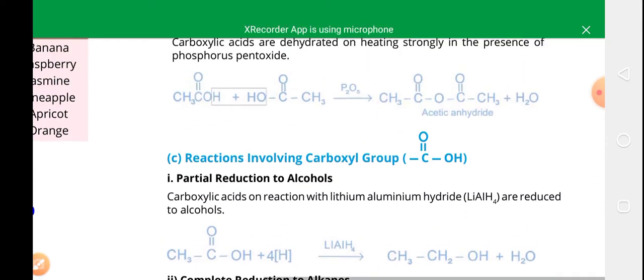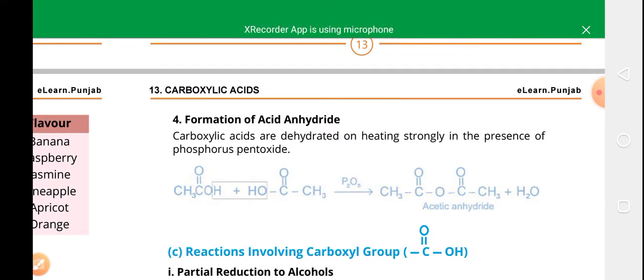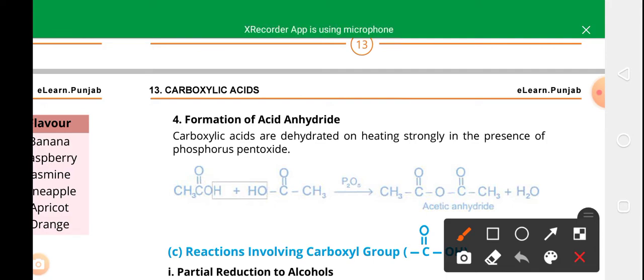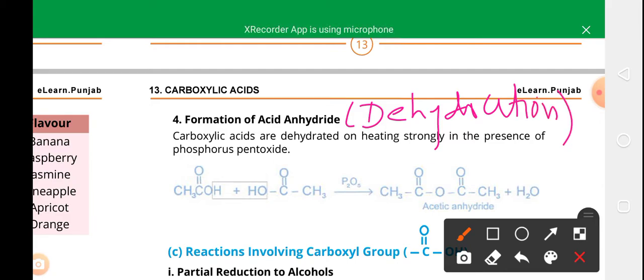The next derivative, the fourth derivative, is acid anhydride. Formation of acid anhydride, or dehydration of carboxylic acid. Take two molecules of acetic acid, strong heating in the presence of phosphorus pentoxide.